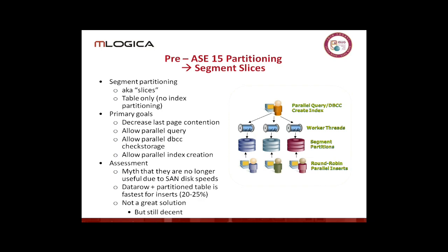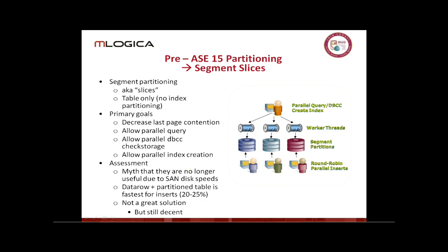A lot of this stuff worked faster simply because things were set up to go onto separate disks at separate points in time. Now, there's this myth here down at the bottom that says those are no longer useful due to the SanDisk speeds. We do disagree with that because the data row and the partition tables are faster for inserts.